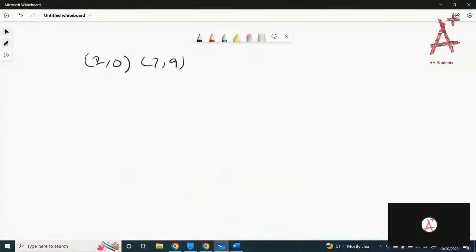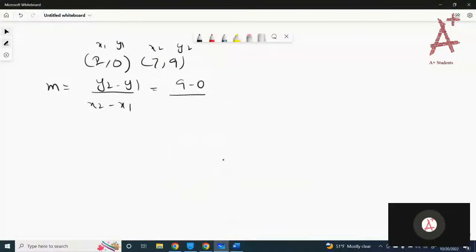I'm using these two points to find the slope first. So slope is y2 minus y1 divided by x2 minus x1. So 9 minus 0 is 9 and 7 minus 2 is 5. So the slope is 9 by 5.